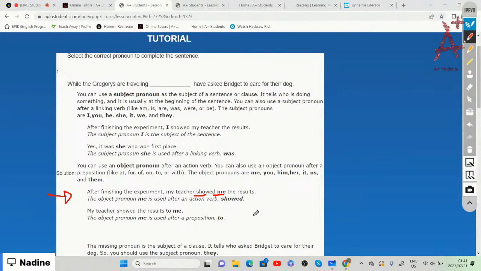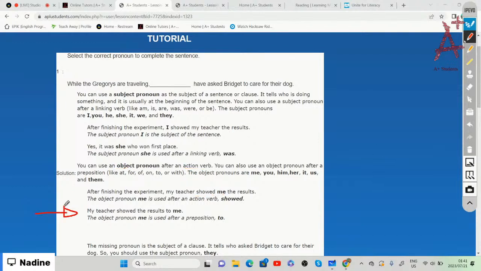So after finishing the experiment, my teacher showed me the results. Showed is the action verb, and me is the object pronoun, right?